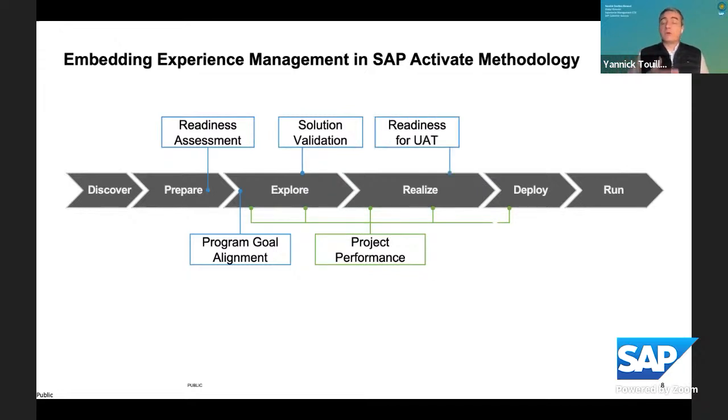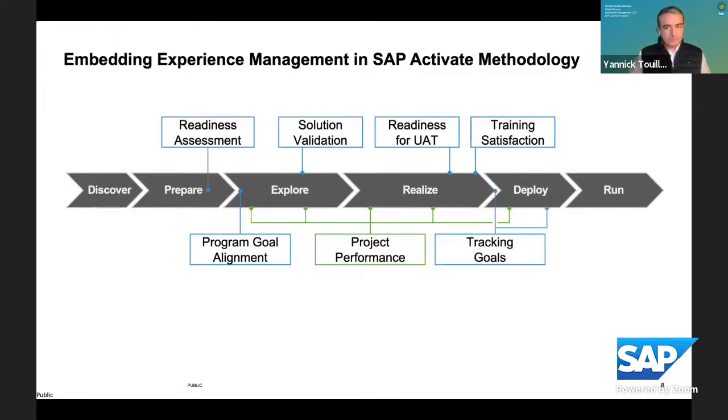And then when it comes the time to test everything, make sure that everybody is ready to go through this UAT phase. And also make sure that everybody is trained properly. And then when we are getting closer to deployment, we can track the goals, assess the gaps eventually between what was initially thought as a solution and what is actually tested and close to being released.